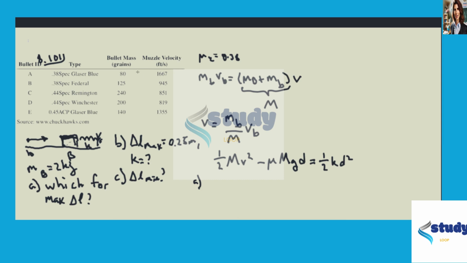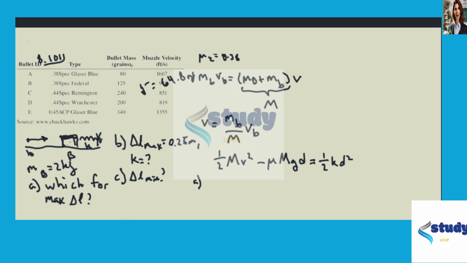We're told that a grain is equal to 64.8 milligrams, and then this is 2 kilograms, so that's not going to change a whole lot compared to the initial momentum of the bullets. And so for this first part, we just need to know which one has the highest momentum, and for that we don't need to worry about converting this into SI units.